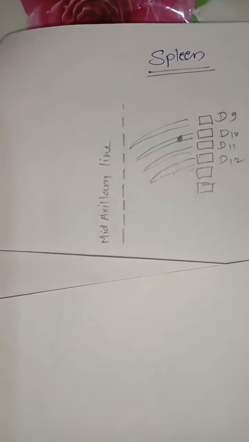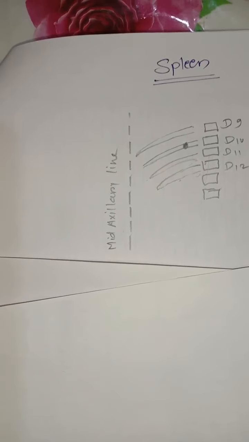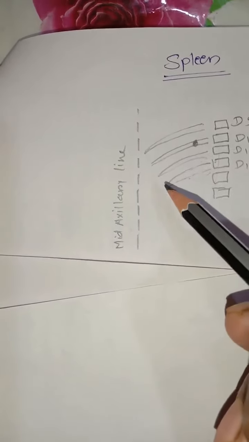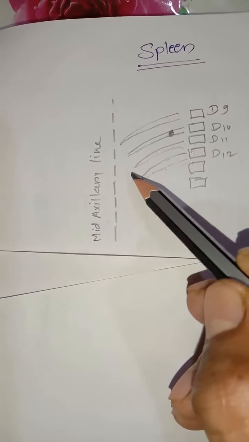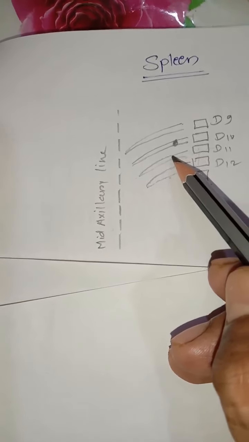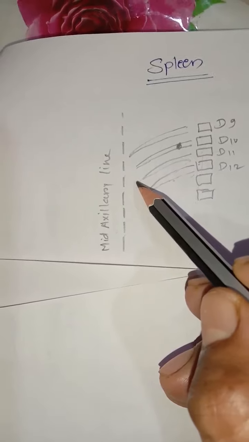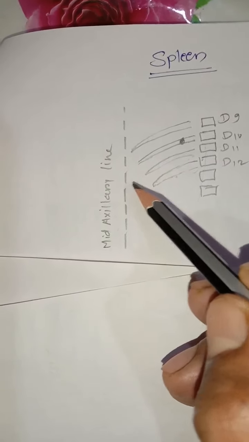Okay? Then take a point at the mid axillary line at the region of the 11th rib. So here you can see the 11th rib, this one, and on this rib you should take a point on the mid axillary line.